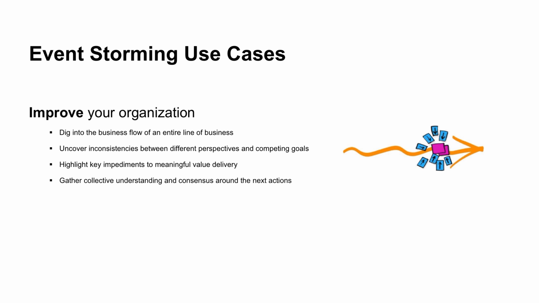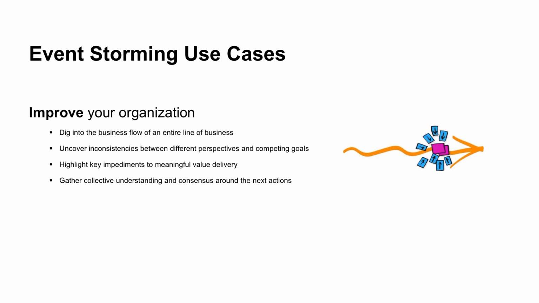You can uncover a lot of inconsistencies and competing goals and other perspectives that you might not have realized. And you can also highlight the key impediments to value creation and value delivery, which is very good for optimization. As you can see, the event storming process will help you build this narrative and also focus your efforts on where you can make the most difference. So that's one of the points: making an existing process or system flow more effective.